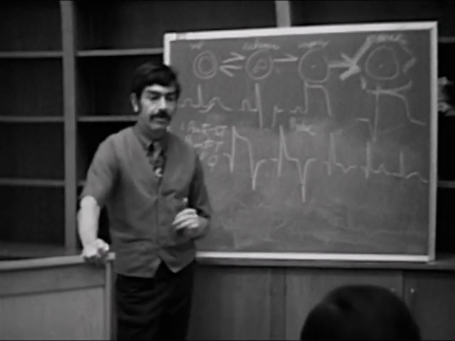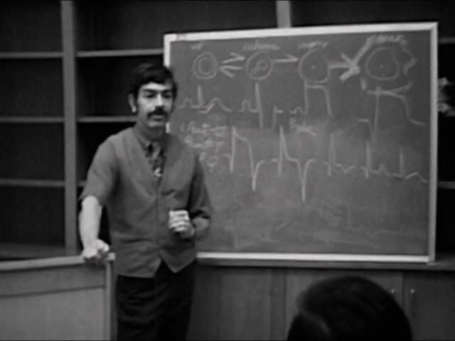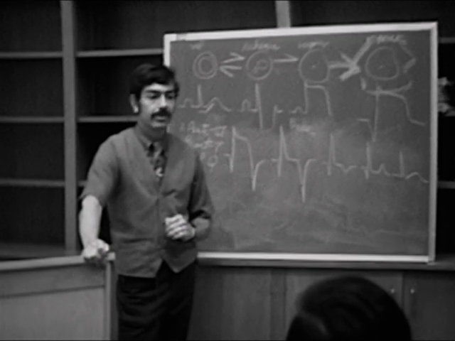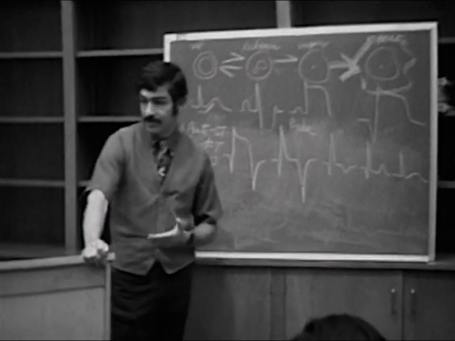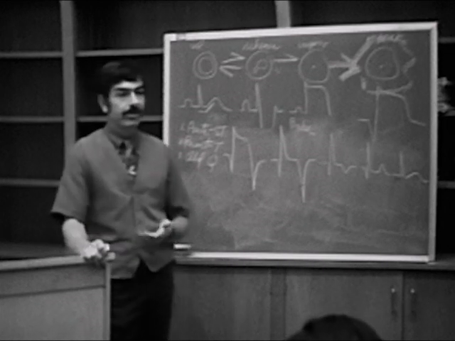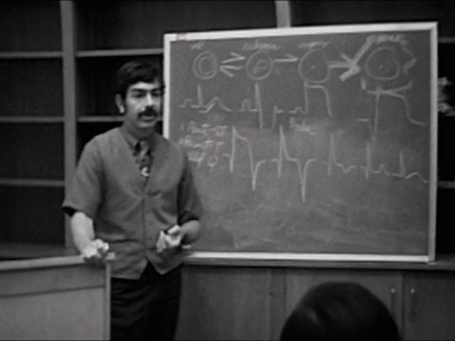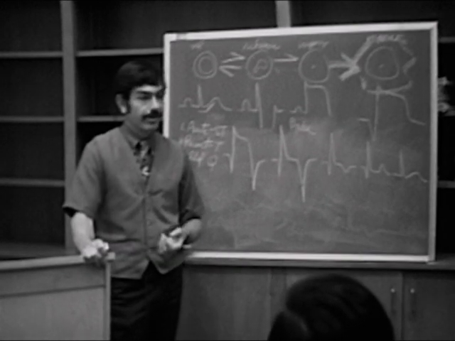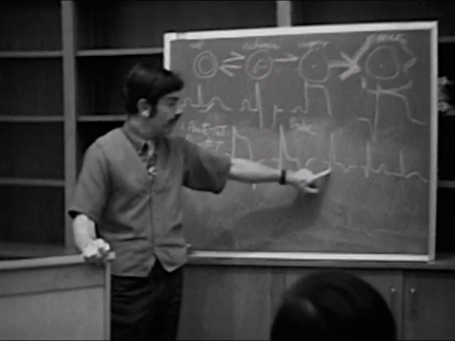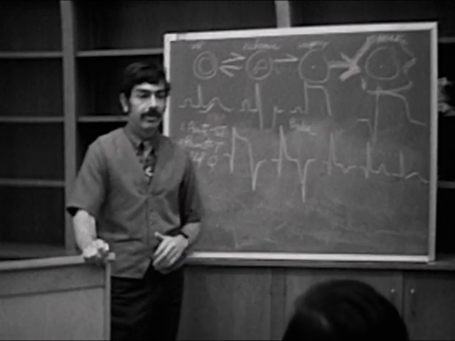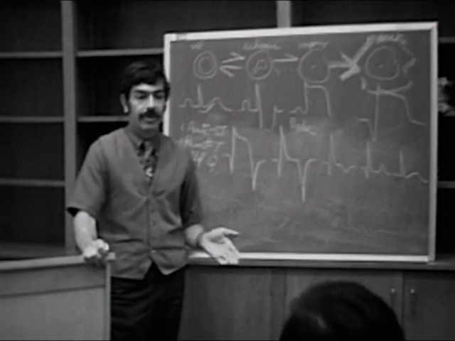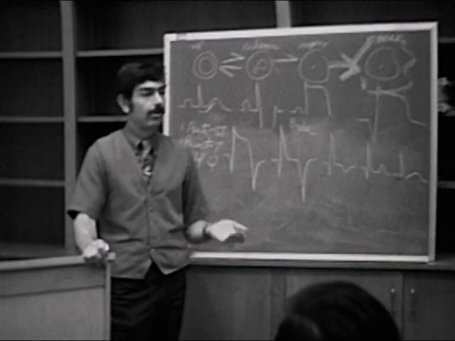But this can be very important, for instance, if you're on medicine, or if you're in anesthesiology, and you're going to evaluate someone for surgery tomorrow, and you see his electrocardiogram, and you see some changes that look like this, and that have been overlooked. And you ask the patient, have you ever had a heart attack? The patient says, no, never had a heart attack.